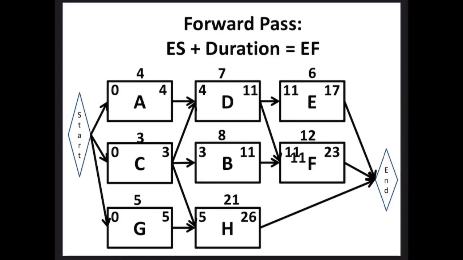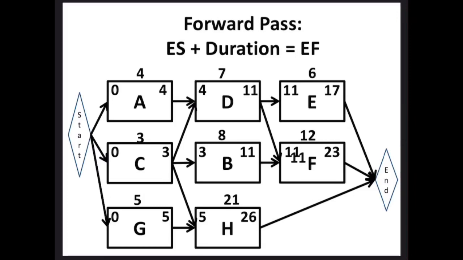Okay, C has an early finish of 3 and G has an early finish of 5. Can I start activity H on day 3? No, because I need G to be done as well. That's why we're saying the rule, forward pass, at the convergence, take the bigger number. So the earliest that activity H can start is day 5.